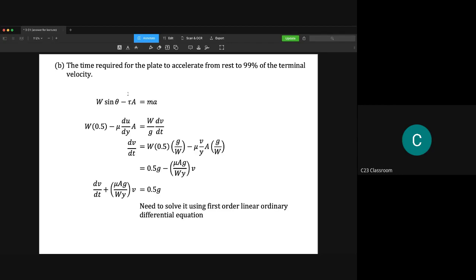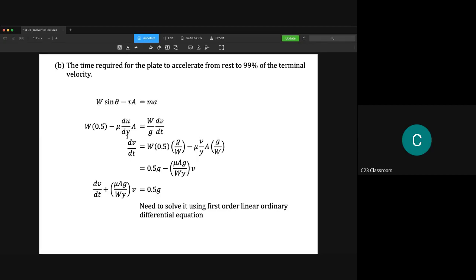So we create the relationship of weight sine theta minus tau A, and it is equal to force. And force is normally written as m times a, where m is the mass and a is the acceleration.